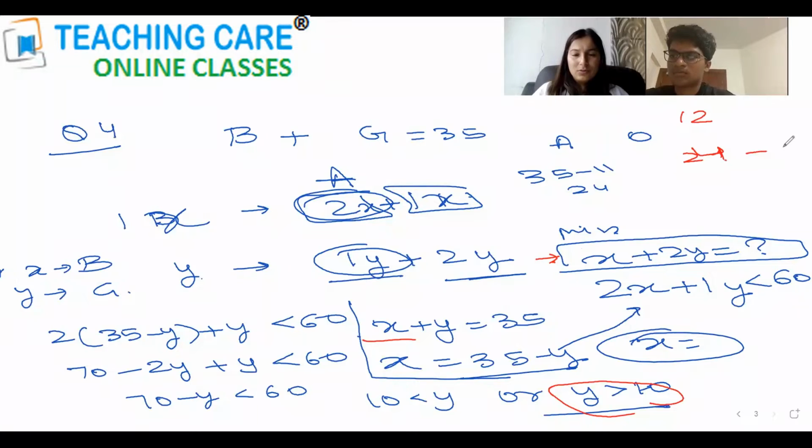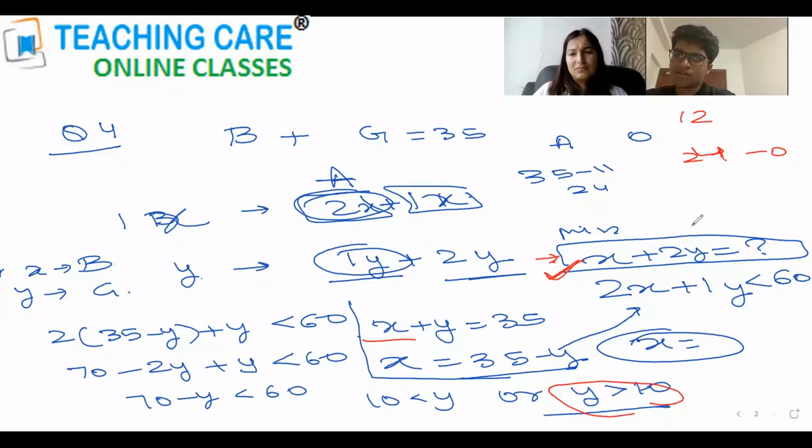24 to 0. I think we should take it as 1, but it is less than 60. Yeah, anything can be the case. If we are taking 24 to 0, then how can we find the minimum of this x plus 2y?